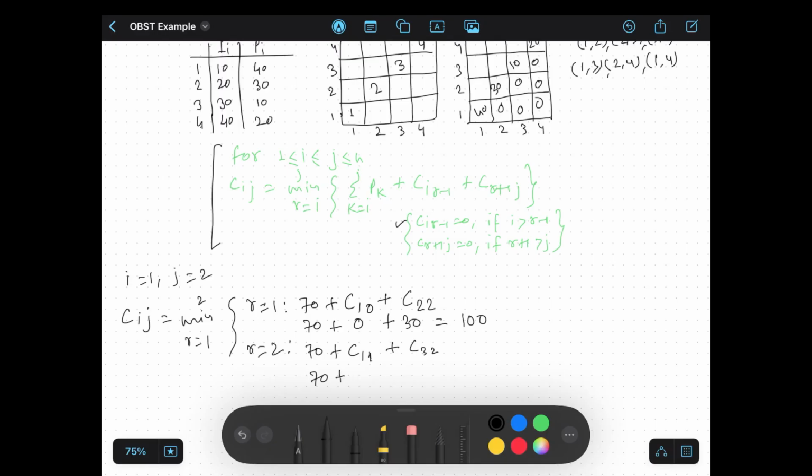So then this is 70 plus 40 plus, because r plus 1 is greater than j, our second boundary condition is hit, which is 0.